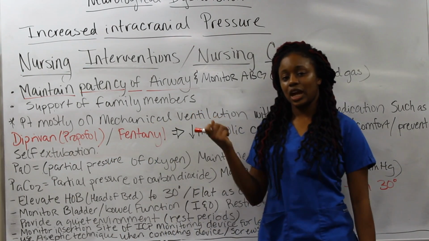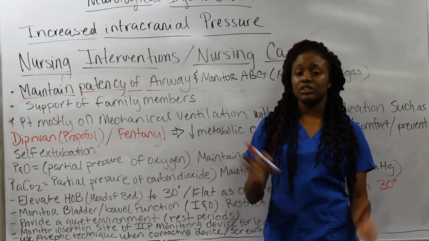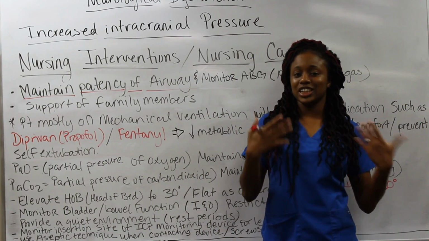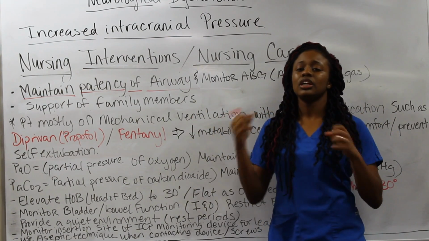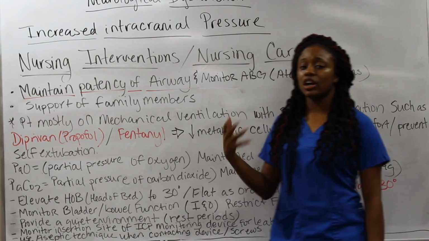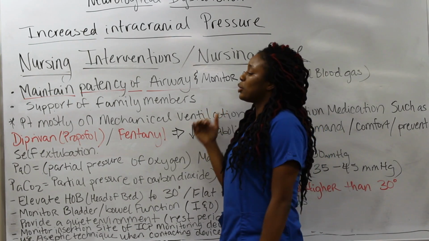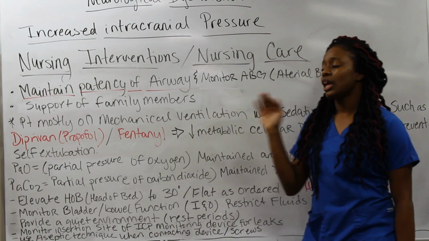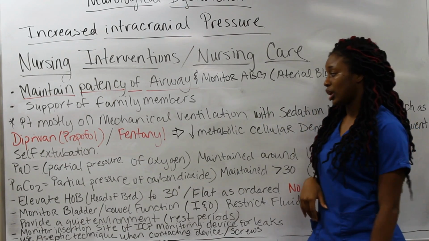That has happened, where patients literally pull the tube out, and now they're in respiratory distress because they need the breathing tube, but because it's so uncomfortable or they don't know where they are or they're confused, they just pull on it. So these sedation medications help not only to decrease the metabolic cellular demand, but also to keep them comfortable and protect themselves from harm.